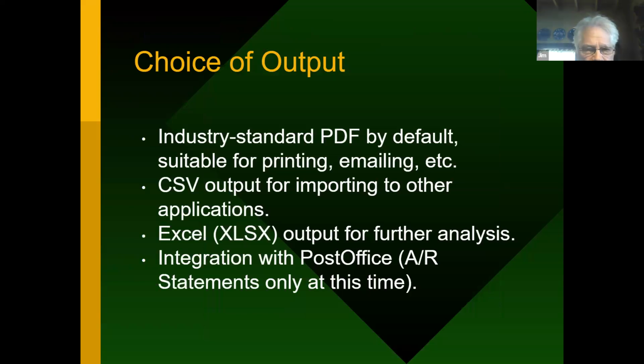On the choice of output, we are giving you PDF by default. We design basically for PDF, and that's good for printing, emailing documents, and so forth. And you can instead select comma separated values where the file extension is .csv, and that's typically used for importing to other applications, one of which could be Excel. You can take the CSV output and import it into Excel, for example.